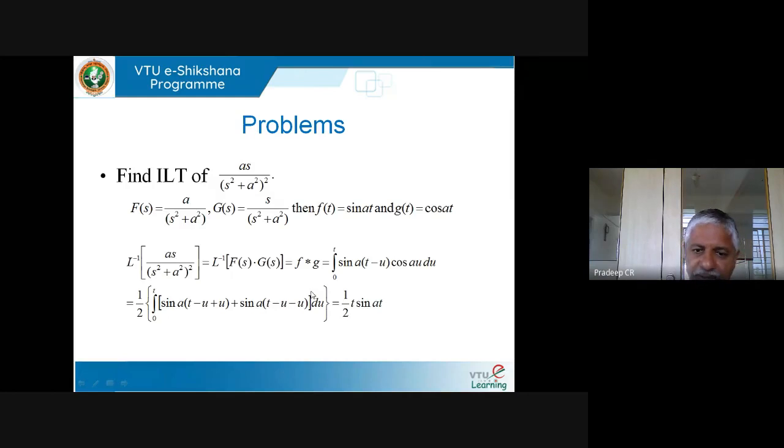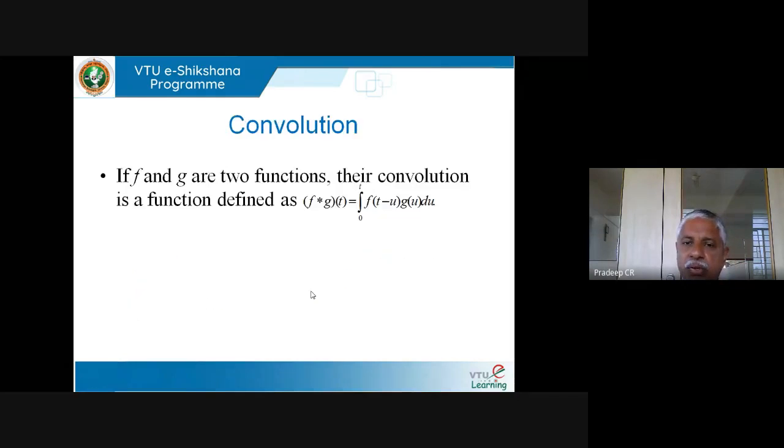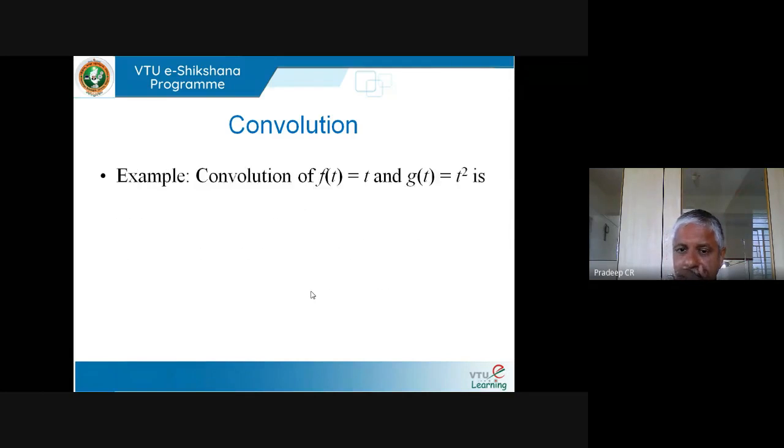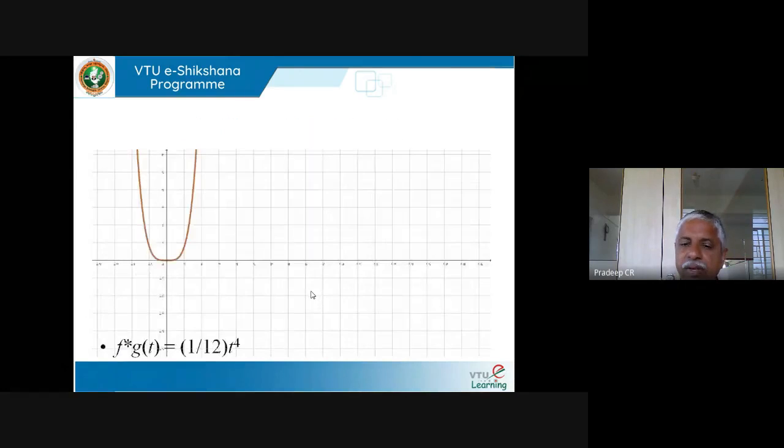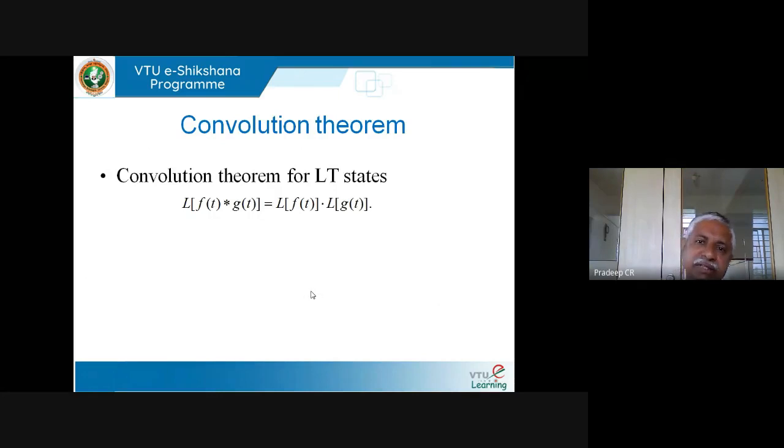So the upshot of this is that convolution is to be treated with more care, and it's a very fine operation. The beauty of convolution is that the Laplace of a convolution is the product of the Laplaces of both the functions. This is an important thing. Using this, we have seen a couple of types of problems.